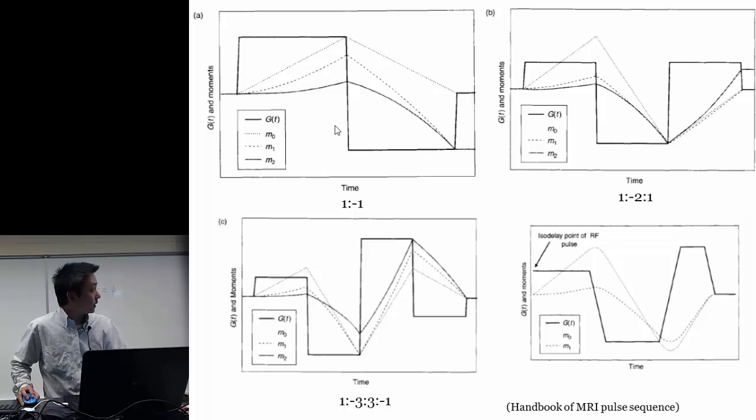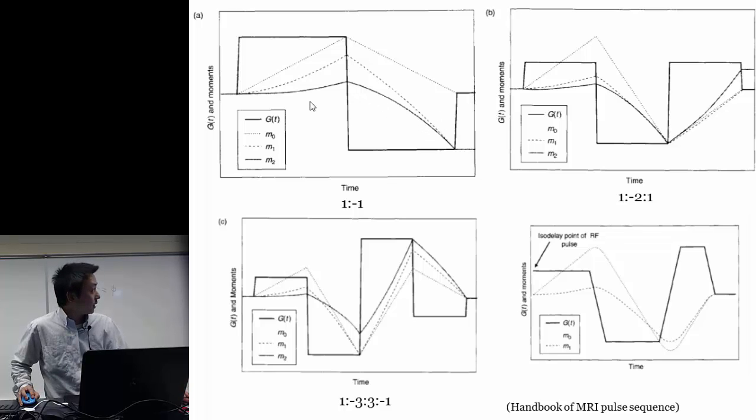Whenever there is zeroth gradient moment nulling, it can be used to generate a gradient echo. So we can consider this as the prephase gradient, and this is the first half of the real gradient, right?